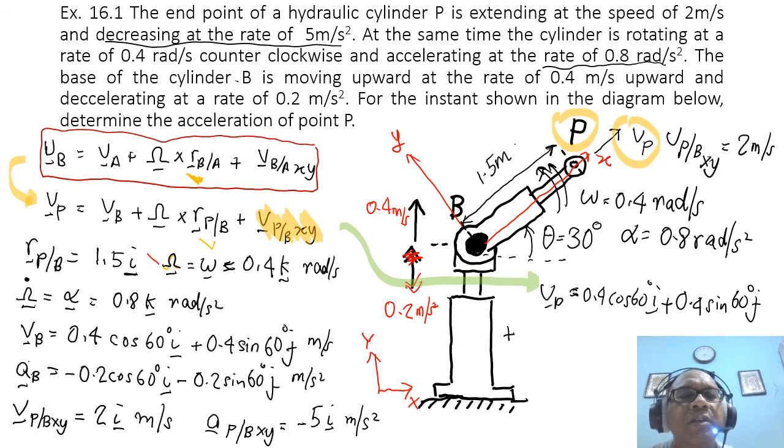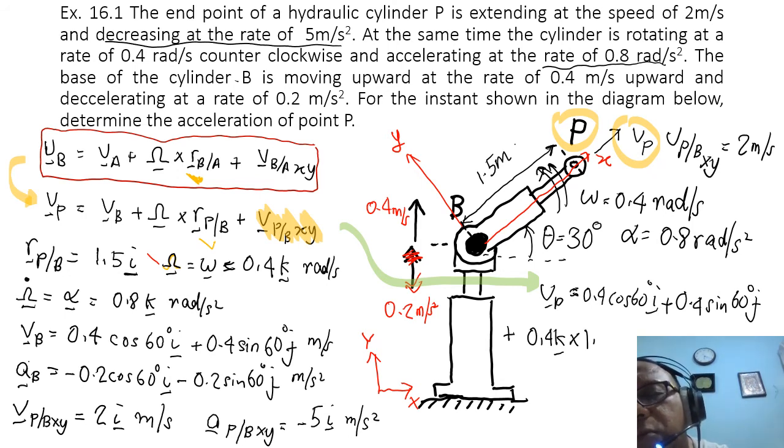Omega is 0.4k, cross. Do I know my position vector p relative to b? Yes, it's 1.5i. Okay, so that's the second term, omega cross position vector p. I'm going to block that as a separate term.